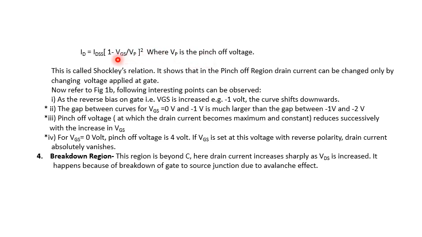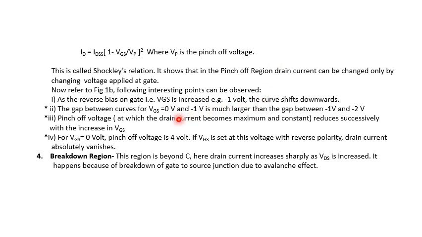So now it becomes clear that if we have to increase or decrease the output current, then we can vary the input voltage or input field, which has a direct impact on the output current. Whereas in the conventional BJT, bipolar junction transistor, the output current is controlled by the input current. So this is the basic difference between JFET and BJT.